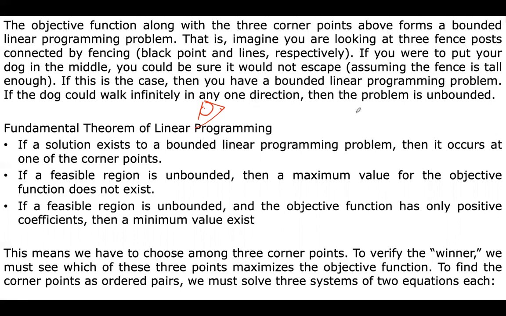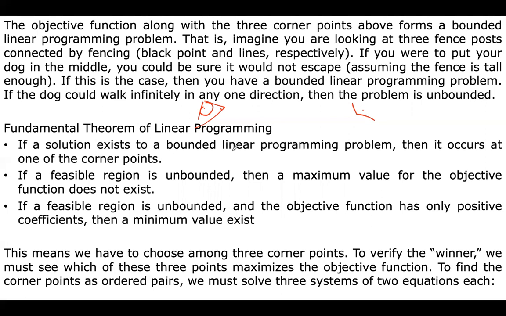Suppose this is our area and you have kept your dog here. The dog is free to move everywhere. So, the fundamental theorem of linear programming: if a solution exists to a bounded linear programming problem, which is our case, it occurs at one of the corner points. So our solution will be at one of the corner points. But if a feasible region is unbounded, then a maximum value of the objective function does not exist.